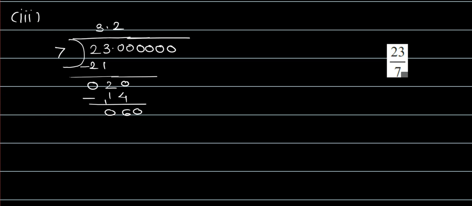Next division: 7 into 8 is 56. 60 minus 56 is 4. Again 10.